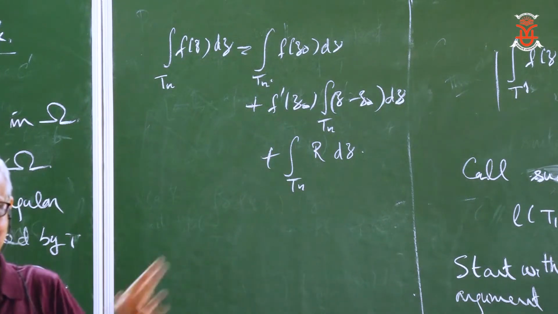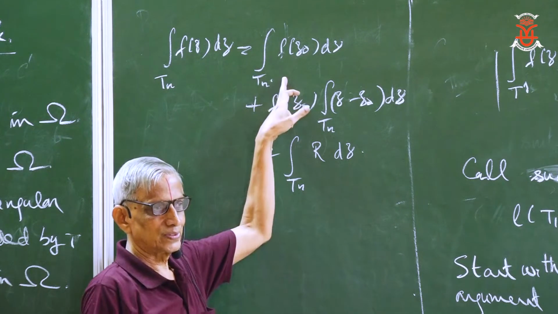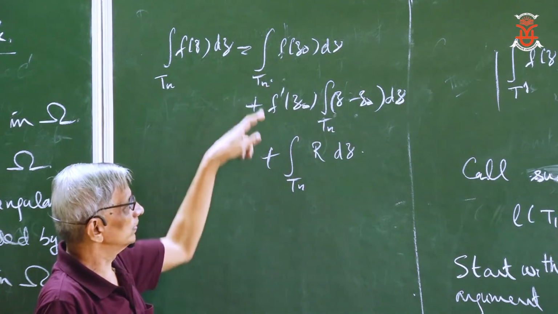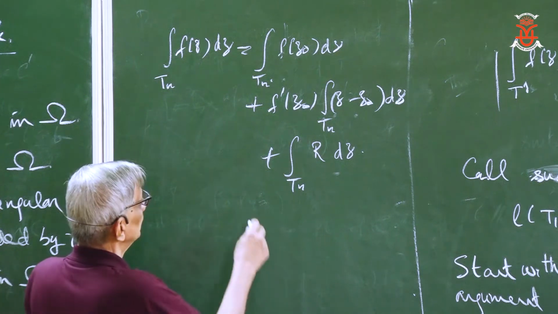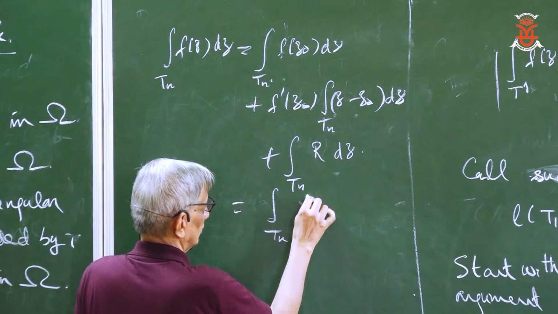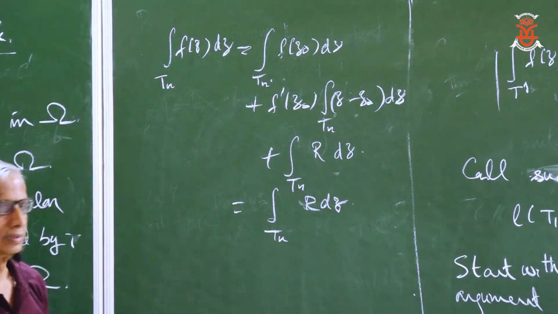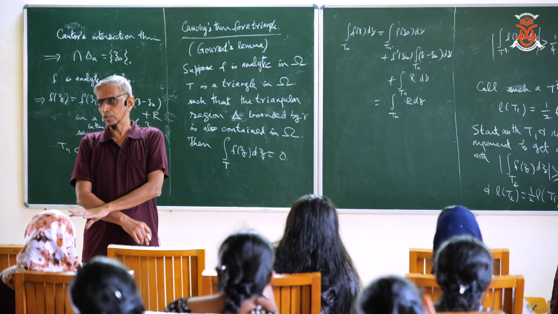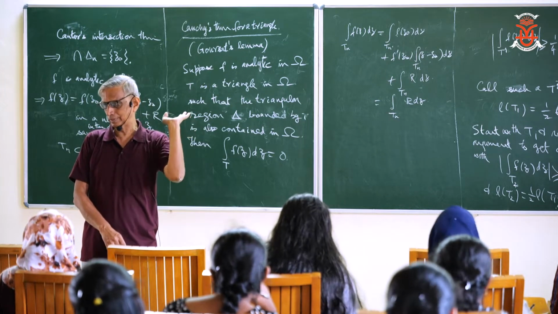Zero, right? You are integrating a constant along a closed curve, and the other is just a power of z. So these are all zero. So you are essentially left with the integral of the remainder term, and the task of proving that it is 0.